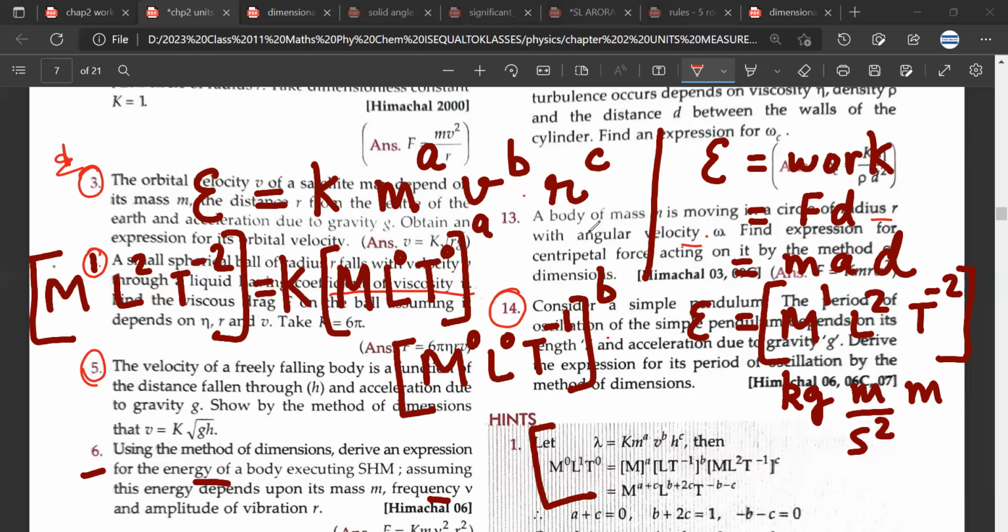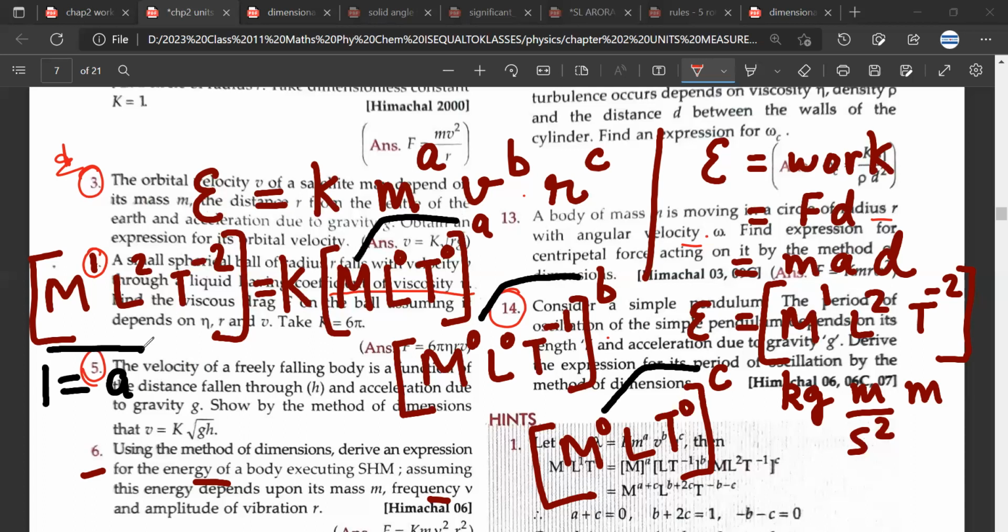So this r is distance. So M L T raised to c. Are we clear? And now I will have 3 equations depending upon MLT. So the first equation, when I use mass, would be 1 is equal to a, that is it. Because this would be 0, this would be 0, and this a into 1.